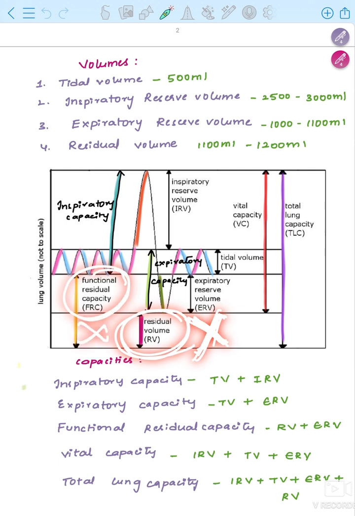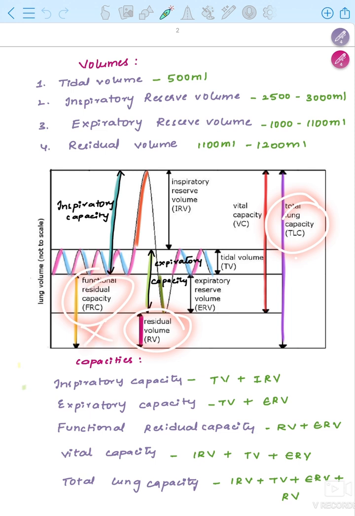That is why functional residual capacity also can't be measured by the spirometer. In total lung capacity also, residual volume is included, so the spirometer can't measure total lung capacity. Total lung capacity, residual volume and functional residual capacity can't be measured by the spirometer.